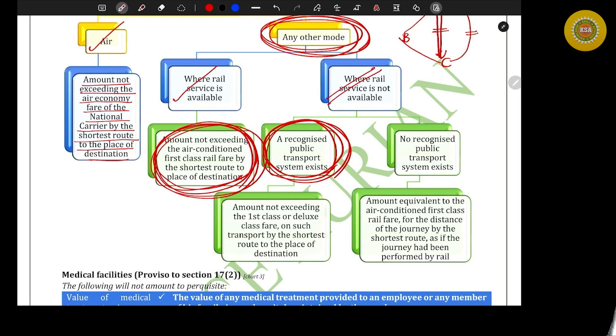Can you ask like this? No. Then what to do? You find out the nearest railway station. You cannot compute the cost by kilometer, because different train, different time, different cost. So you find out the nearest railway station and the traveling cost till that railway station and coming back. That is the exemption that you can claim. Are you with me? This is what we practically do.